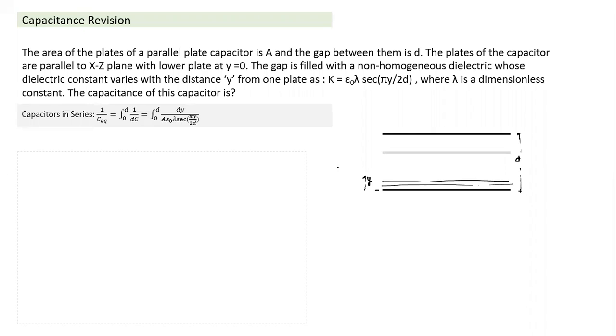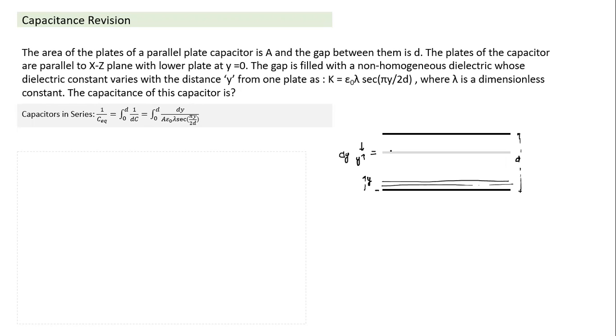With a series combination, we don't directly add capacitances; we take the summation of 1 by dC. So we calculate the capacitance of one random slice, which is at a height y from the base, of thickness dy.